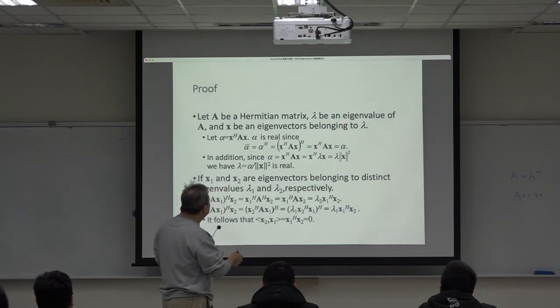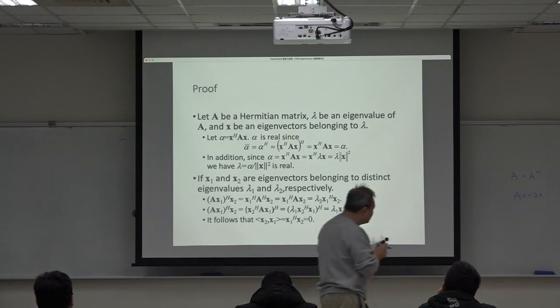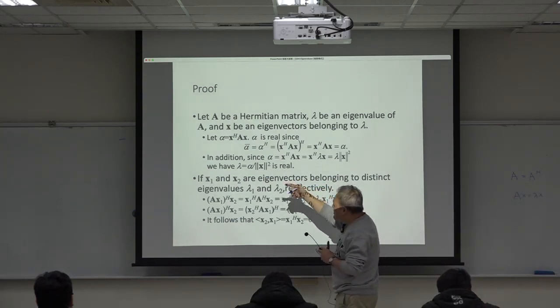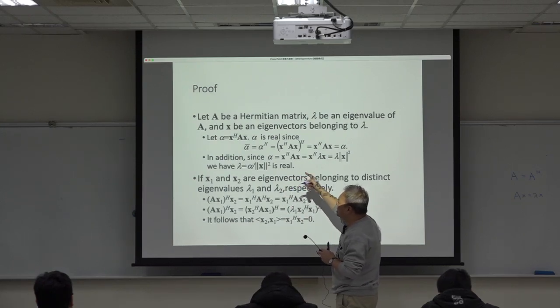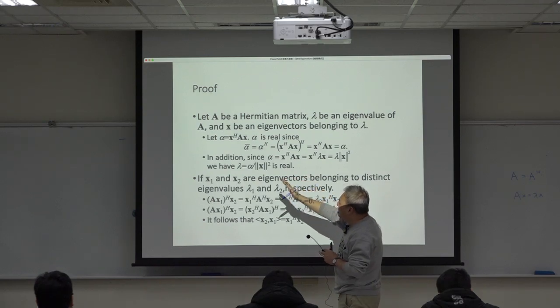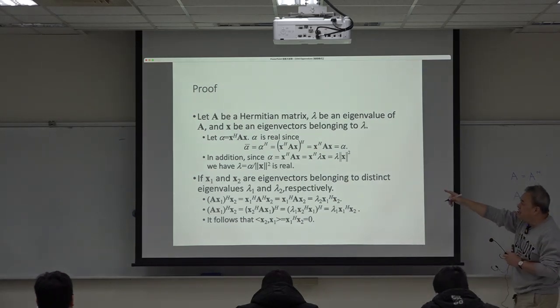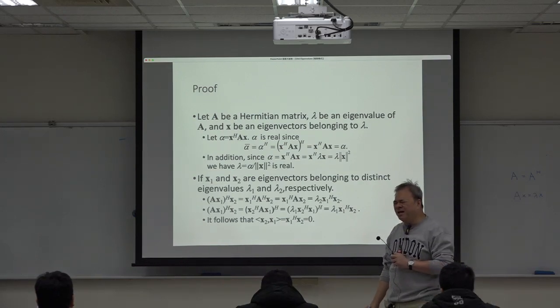So let's consider alpha equal to x^H A x. We particularly let alpha be x^H A x. First, I want you to be aware that alpha must be just a single element.